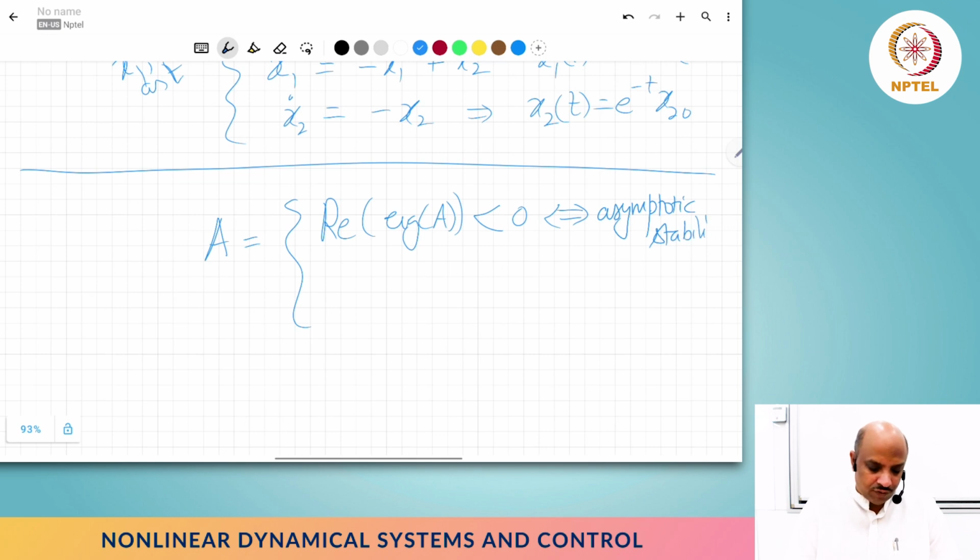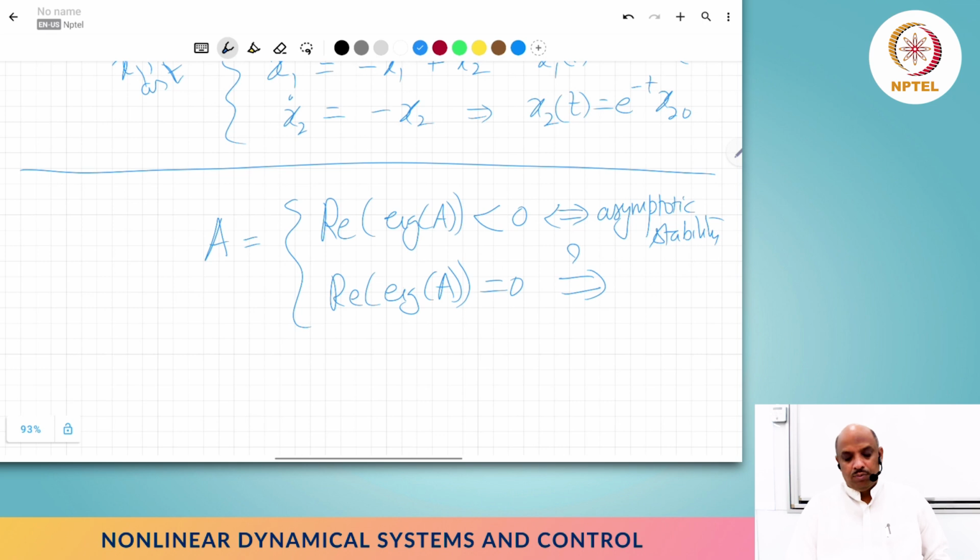Okay, but if real part of eigenvalue of A equals 0, question mark, right? As you can see, in certain cases, in diagonalizable cases, we can have Lyapunov stability, and in the case of non-diagonalizable matrices of certain features, then we'll end up with unboundedness, right?